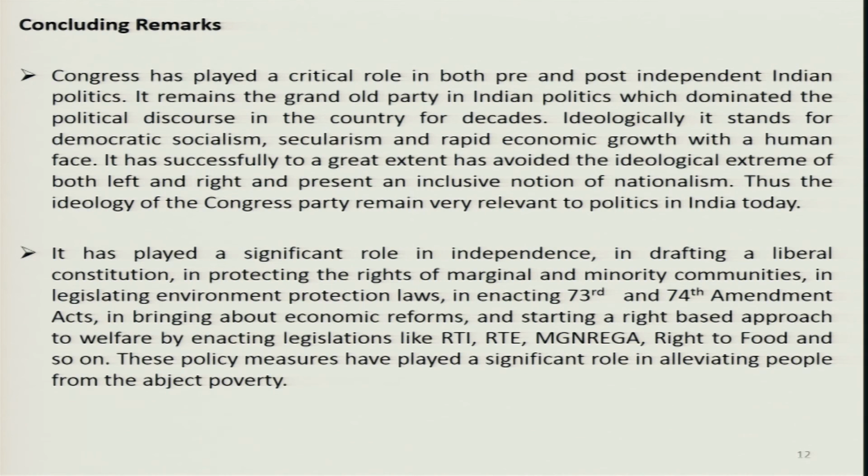So, to conclude this lecture, one has to acknowledge that Congress has played a critical role in both pre and post independent Indian politics, and it remains the grand old party in Indian politics, which dominated the political discourse in the country for decades. Ideologically, it stands for democratic socialism, secularism, and rapid growth with a human face.